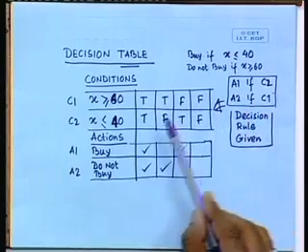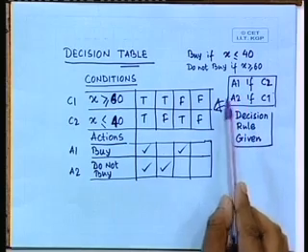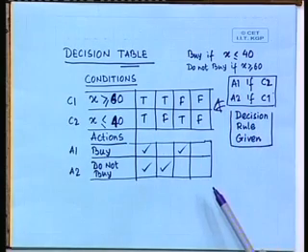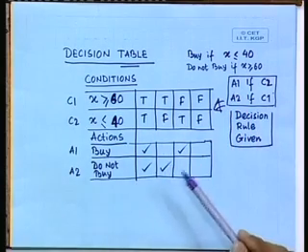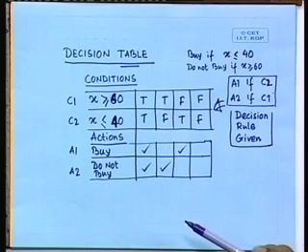Is it clear what we have done? This is the decision rule given to you. We have used it in our decision table, and this is what we have got: when both are true, you both buy and do not buy. Sir, but how can both be true? We will come to that.